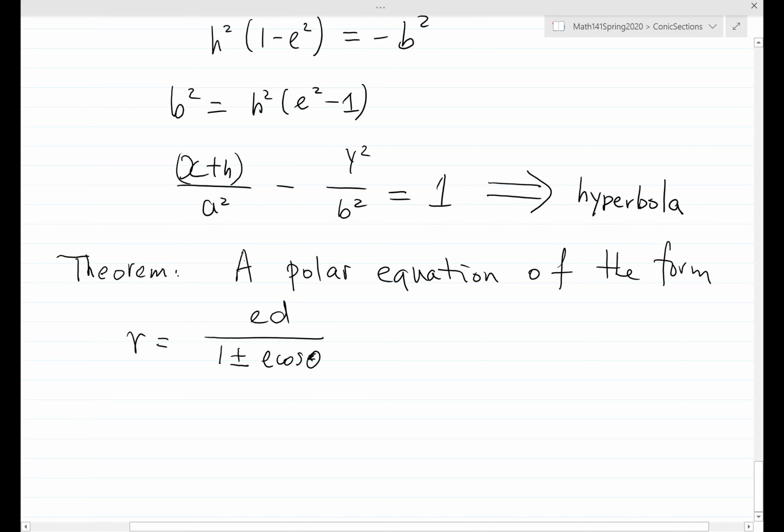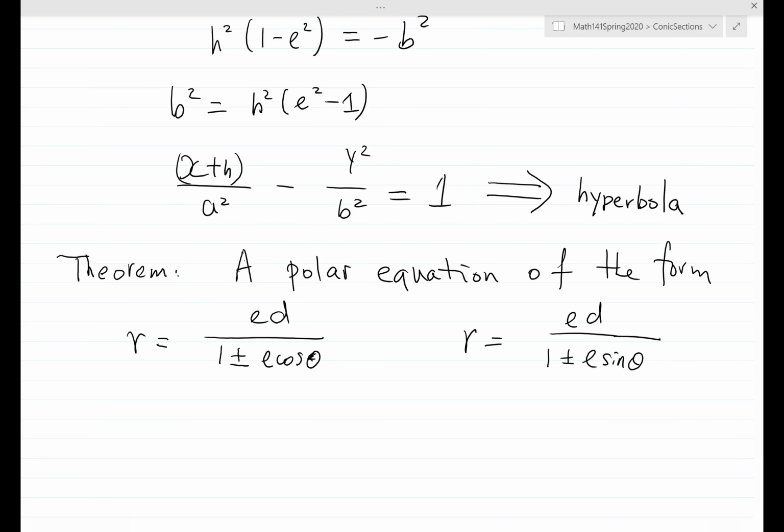So you get plus minus e cosine theta, or if rotated by pi over 2, plus minus e sine theta. You get this equation. This actually represents the polar equations of conic sections.